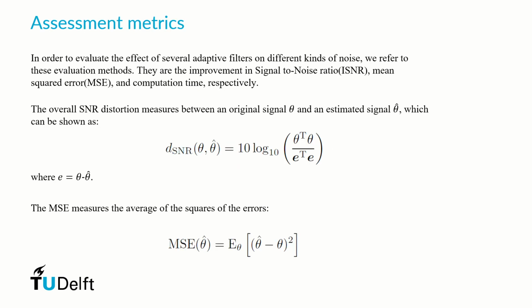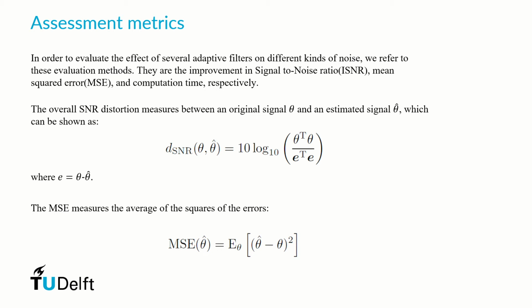So to evaluate the outcome of these three filters, we are going to introduce three system metrics. The first is the improvement in signal to noise ratio, which is also called the ISNR.